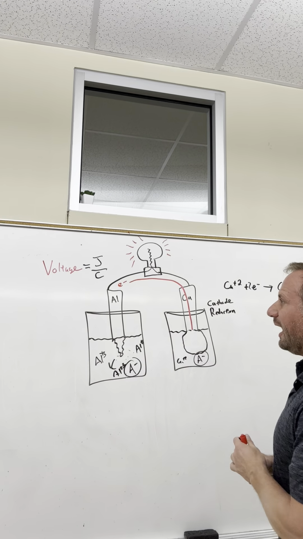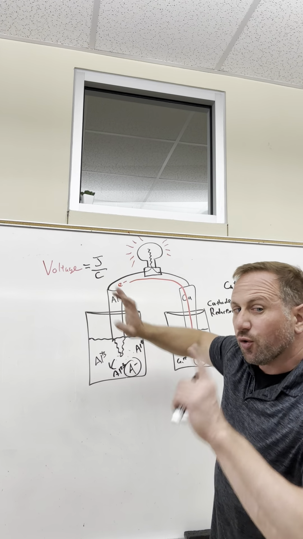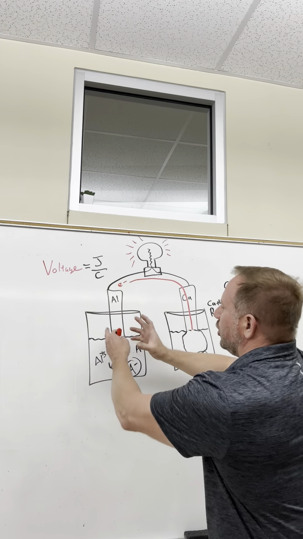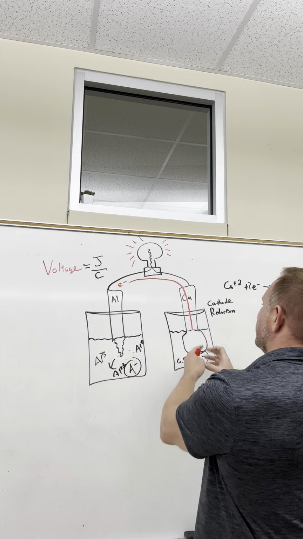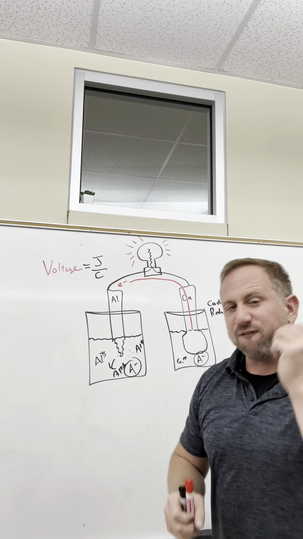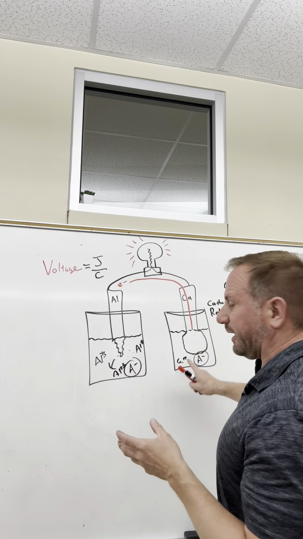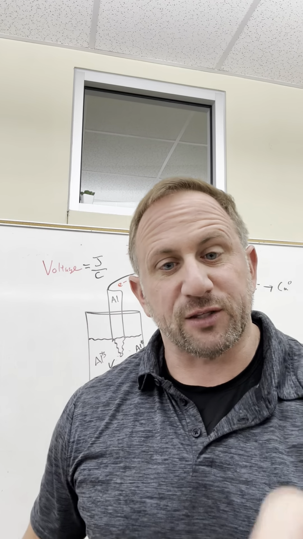So voltage is equal to joules per coulomb. The greater difference between these aluminums pulling down and these coppers pulling down gives us a volt, a potential to pull electrons this way. We're going to come back to it in a second video.